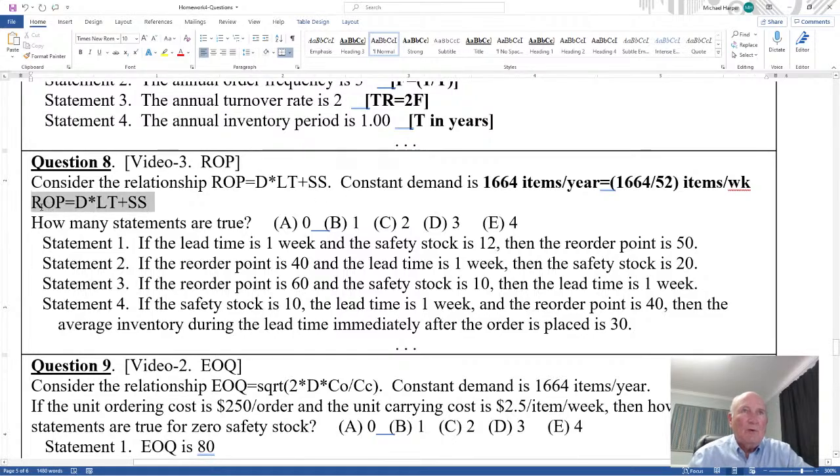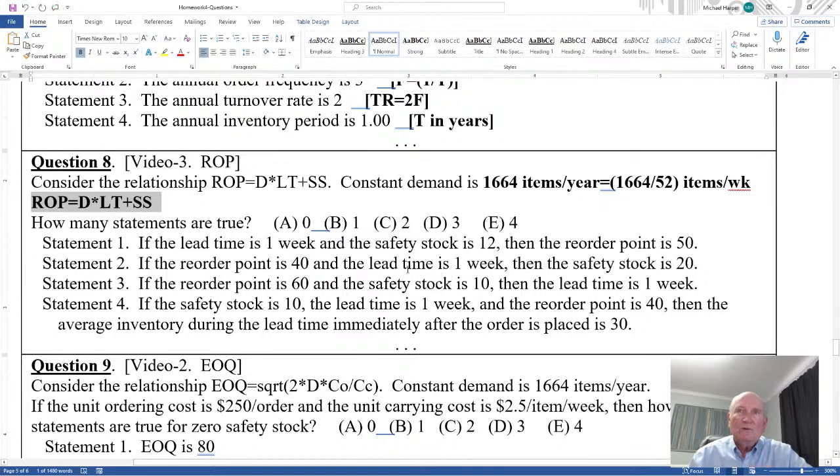And so what this question is really asking is that for each one of these, I give you 3 different numbers. So here I have 1 week, 12, and 50. Here I have 1 week, 40, and 20. Here I have 1 week, 10, and 60. Here I have 1 week, 40, and 10. Okay, well, you've got to put them into this equation, see if they work.